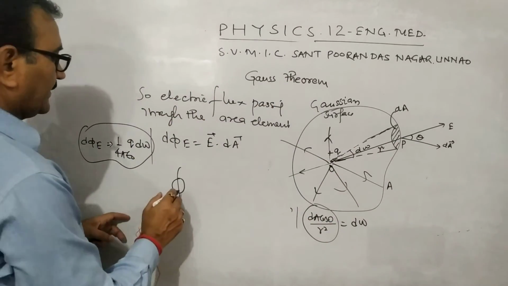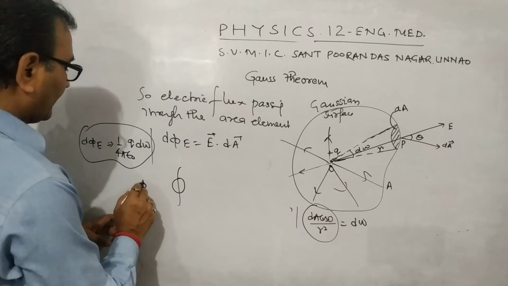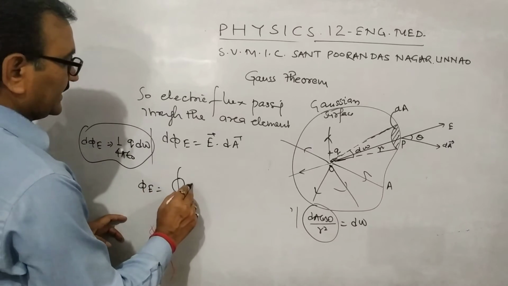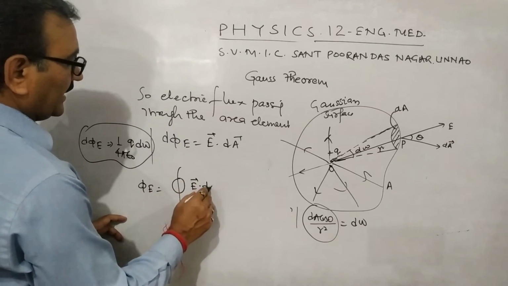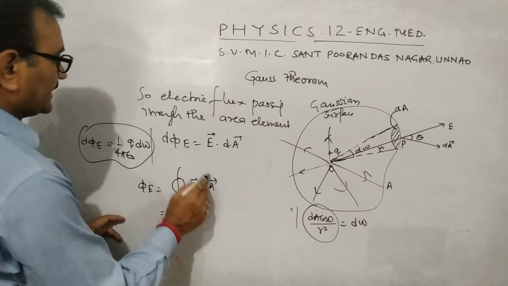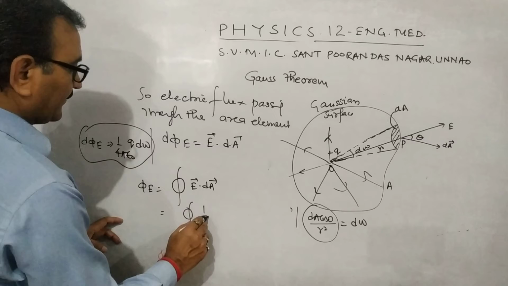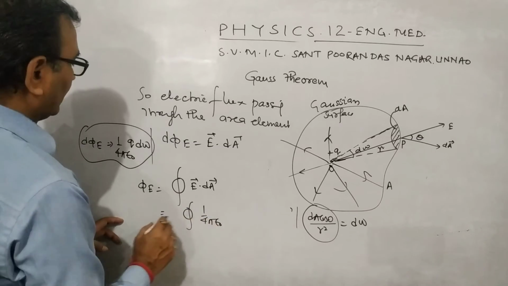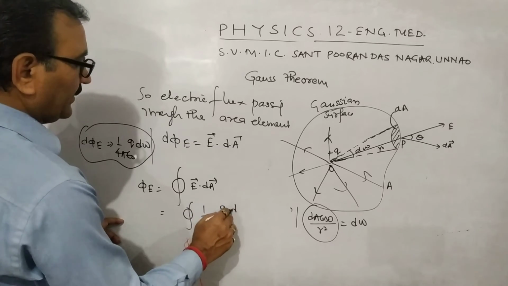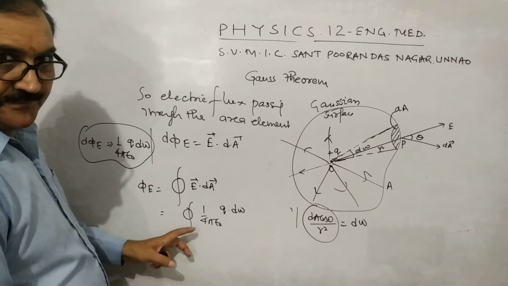So phi e is equal to closed surface integral of vector E dot vector dA, and this already I have calculated, that is 1 upon 4 pi epsilon naught q into d omega.